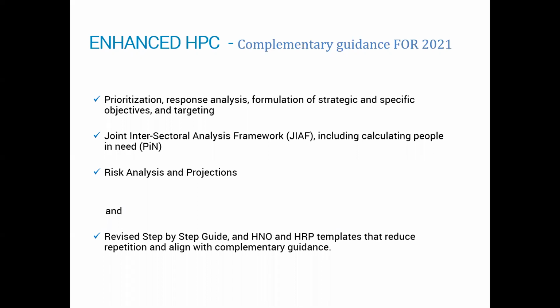The big shift is going away from just taking an estimate that the sector provides to the collective and then coming up with a total. Now it's much more driven by using indicators and looking at severity, and using those two elements to come up with a PIN that's hopefully a little bit more robust. It's not necessarily an easier exercise, but certainly a more rigorous one.